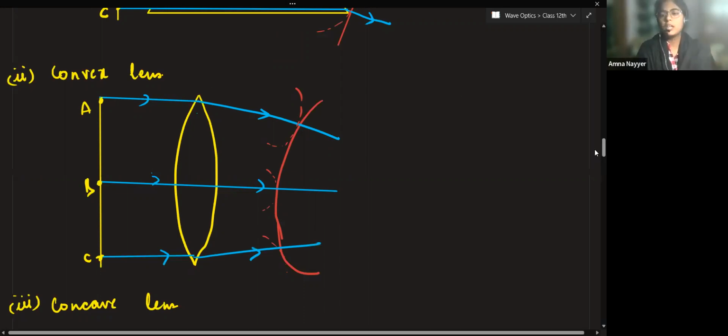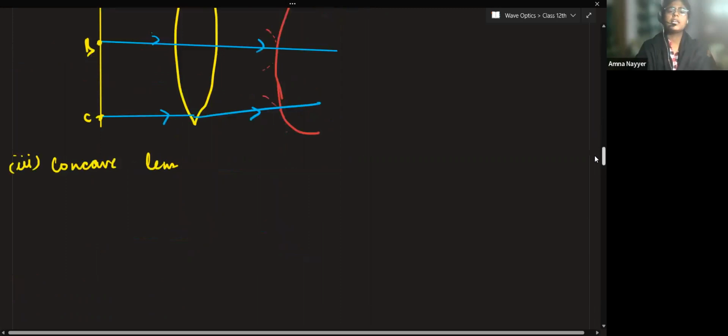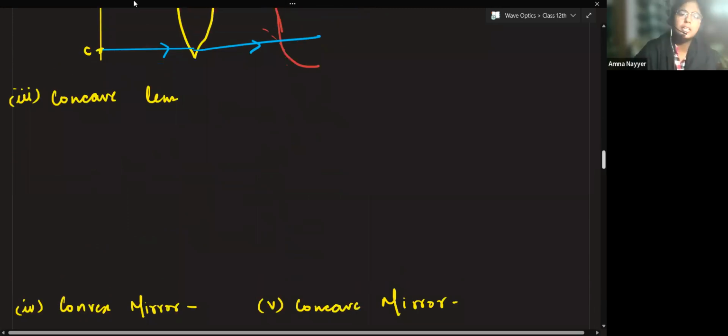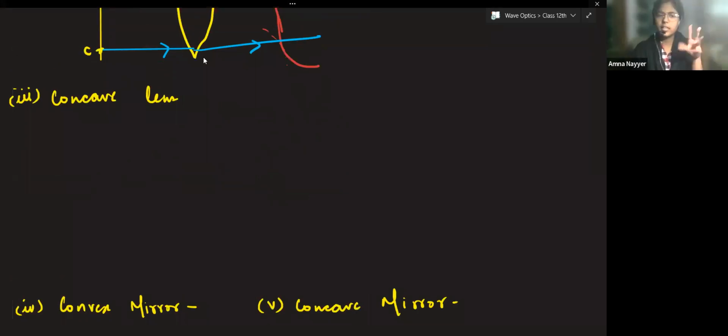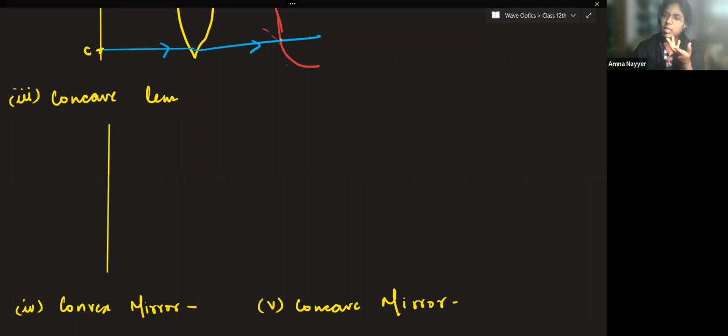Now you have concave lens. For concave lens, see, same thing will occur. For concave lens also, you have the incident plane wave. Now see, the structure of a concave lens is thinner at the center, whereas it is thicker at the edges, right?